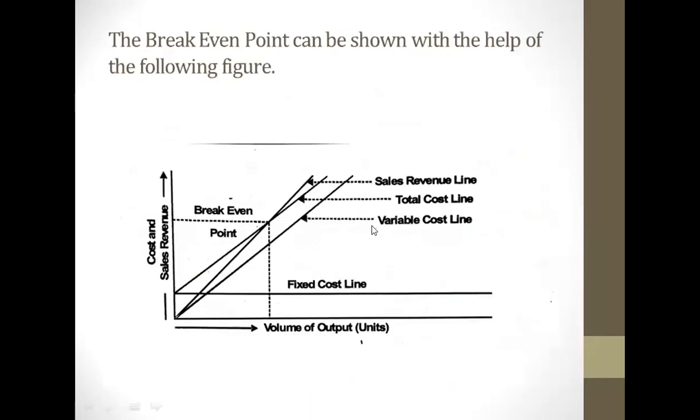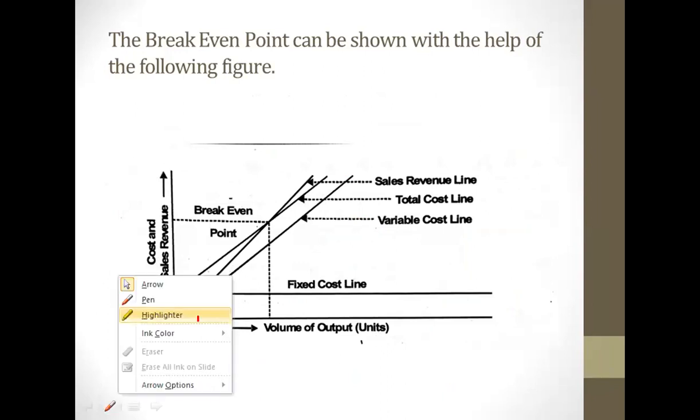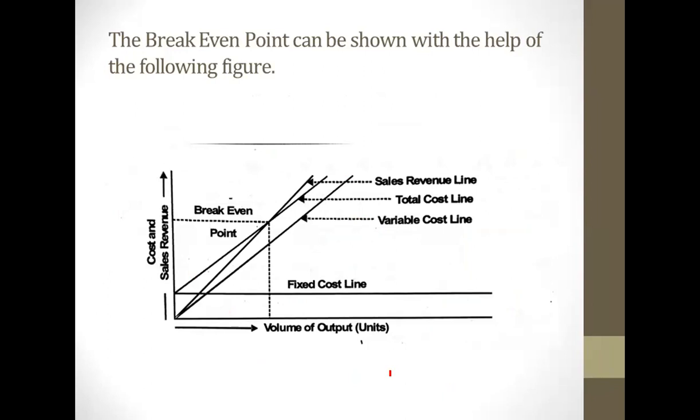Now, here we explain the break-even point with the help of a figure. This is a common figure which we usually see in all microeconomics textbooks. You can see that here we show the volume of output in units, and on the vertical axis we show the cost and sales revenue, both TC and TR, and here we show Q or output.